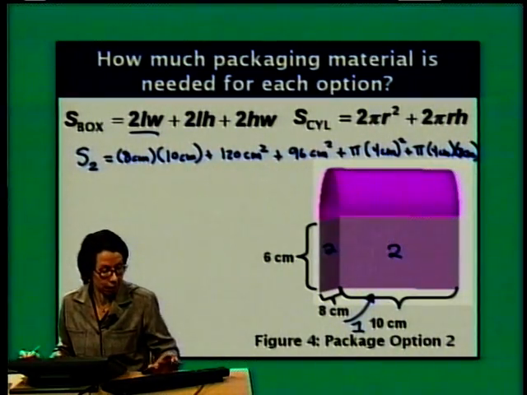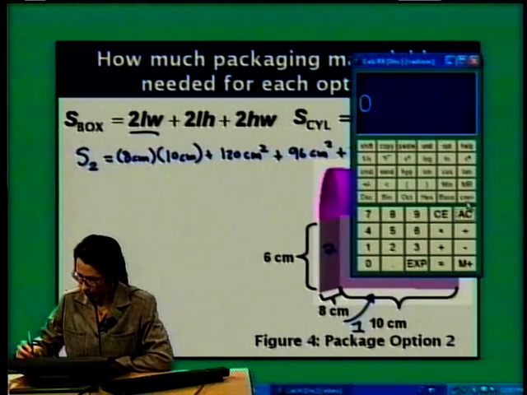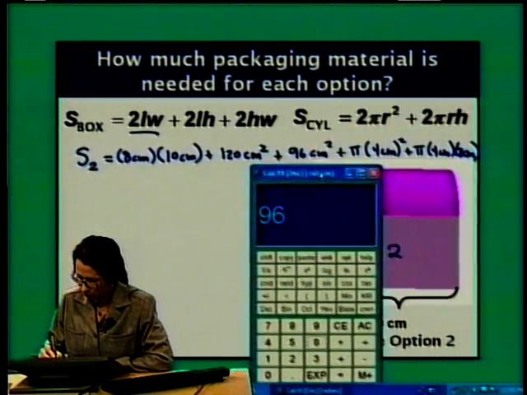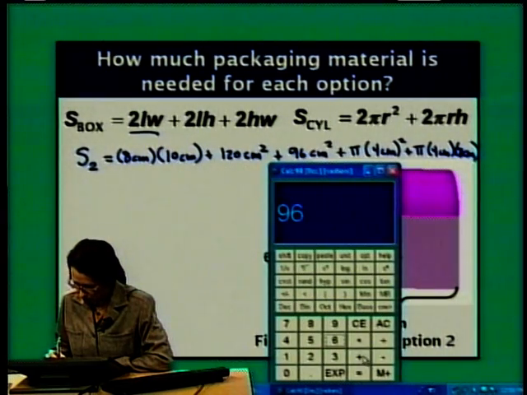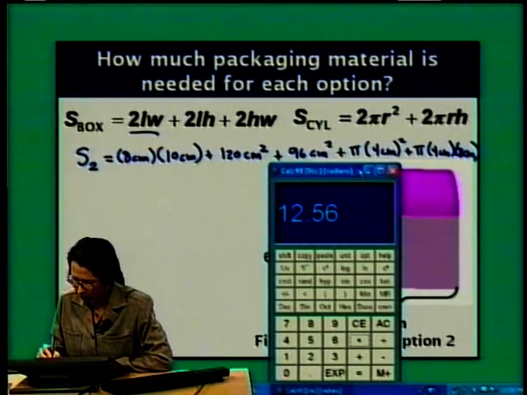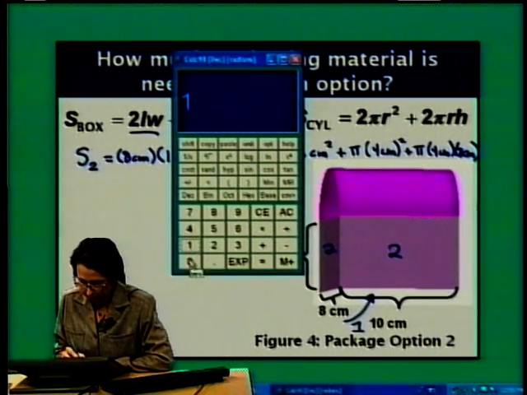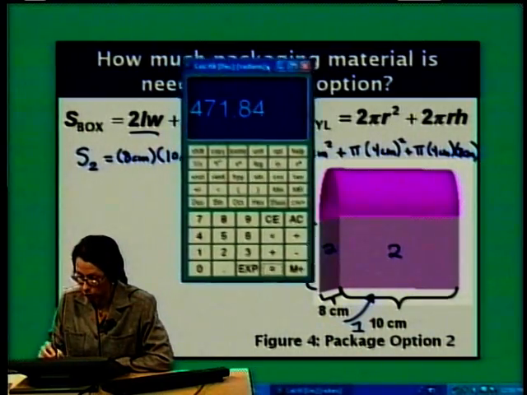So let me calculate this value. So I have 8 times 10 plus 120 plus 96 plus pi times 4 squared plus pi times the radius times the height of my cylinder, and I have an 8 written there, but looking back I see it's actually 10, so this should be a 10, and that's about 472 square centimeters.